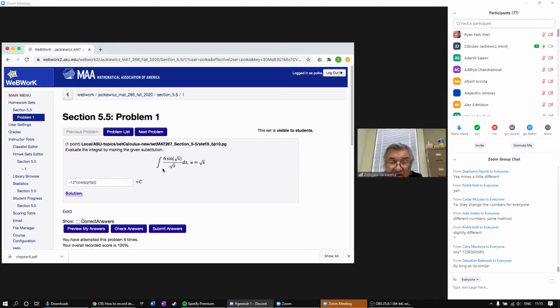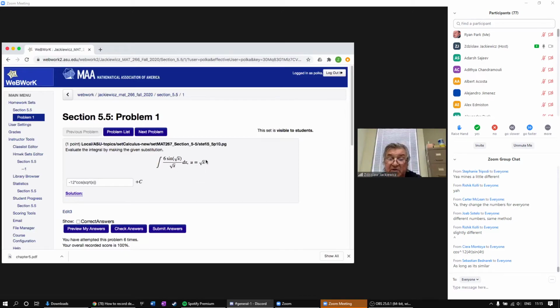Here you have the integral of 6 sine of square root x over square root x dx. You may have 8, or 7 or 10, or maybe cosine instead of sine, but the problem will be similar. They suggest the substitution u equals square root x.